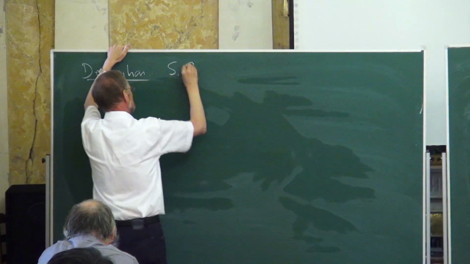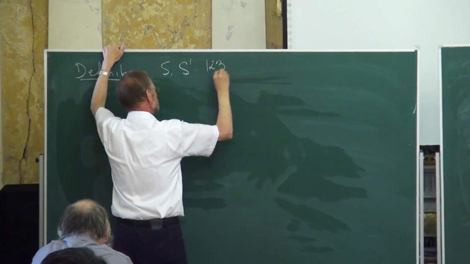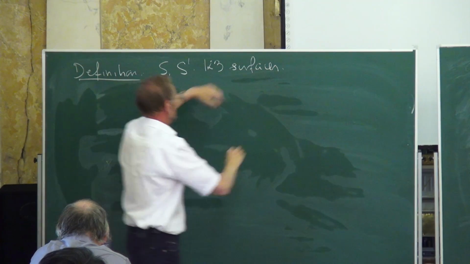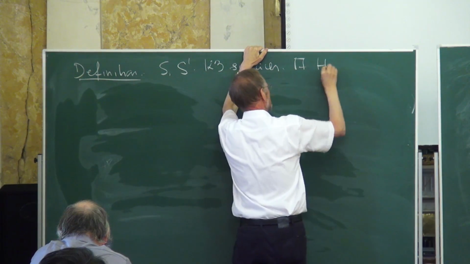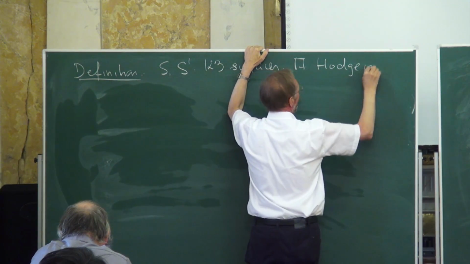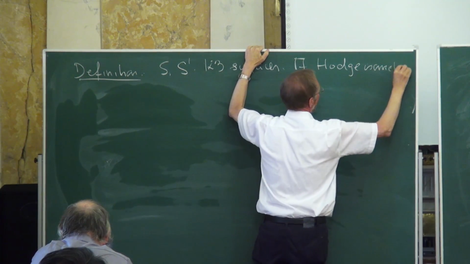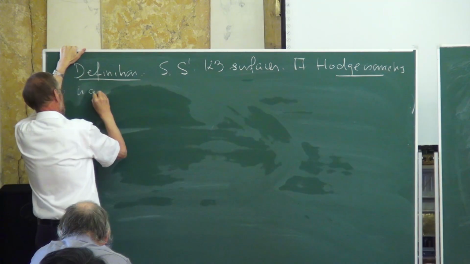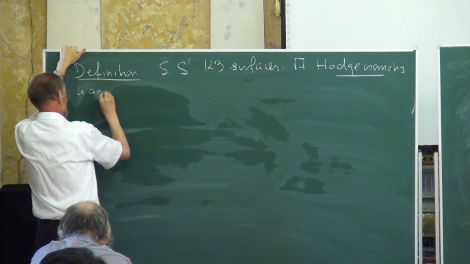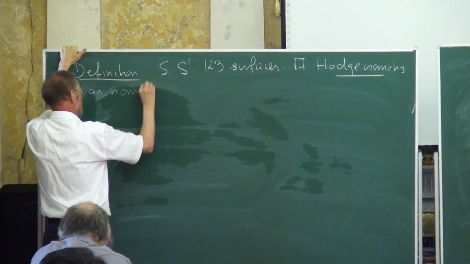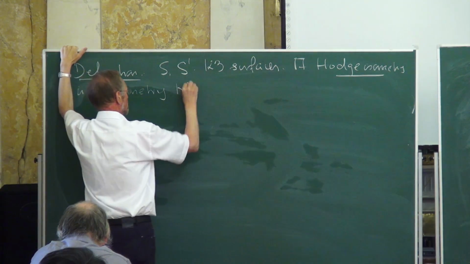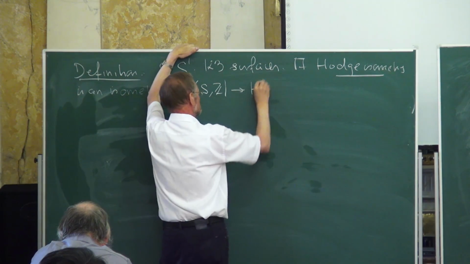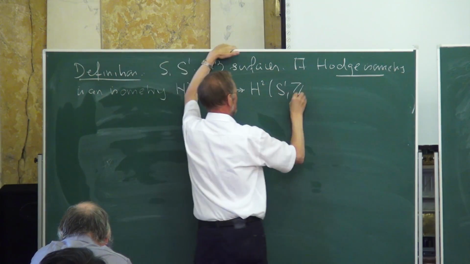So if S and S prime are K3 surfaces, and then a Hodge isometry is an isometry, meaning respecting the lattice structures, from H2(S, Z) into H2(S prime, Z).